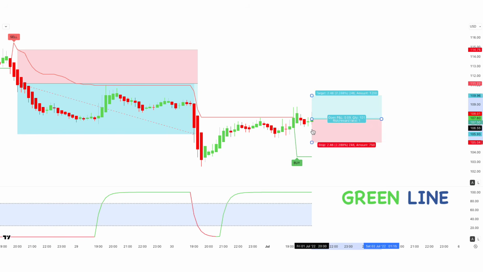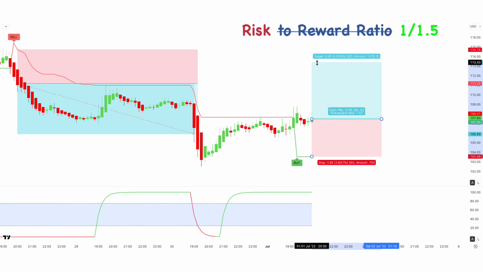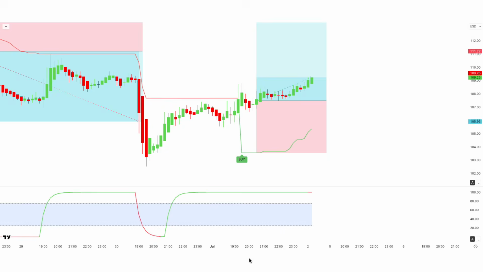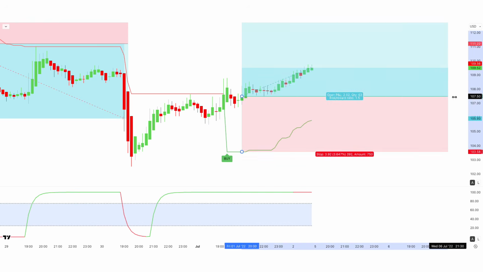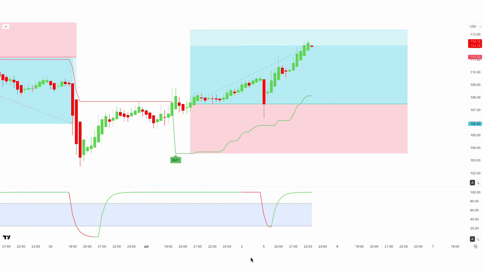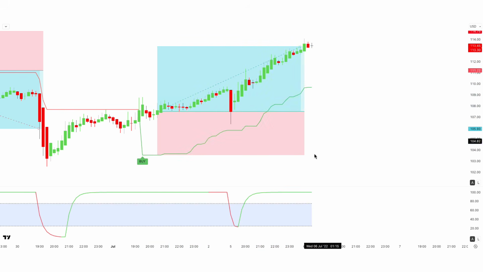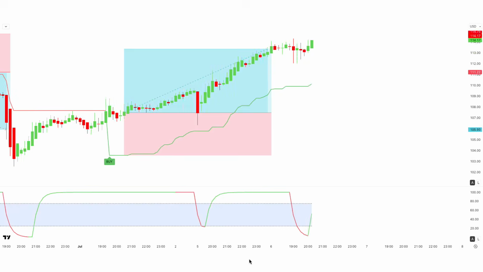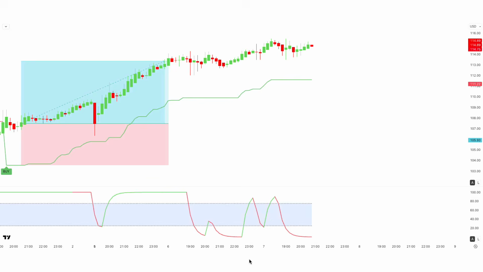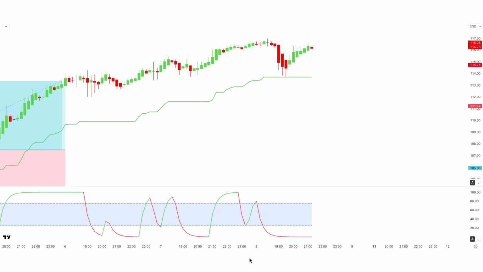Our stop loss is to be placed at the green line, and the risk to reward ratio will be 1:1.5. The market has completely hit the target. I hope you must have liked this trading setup and strategy. If not, then it doesn't matter. We are going to see examples of some trades so that you will definitely understand.